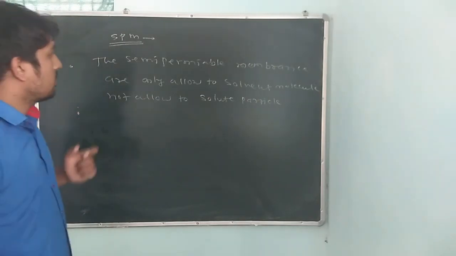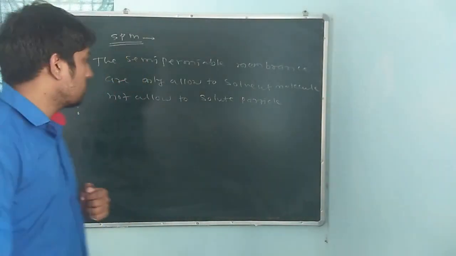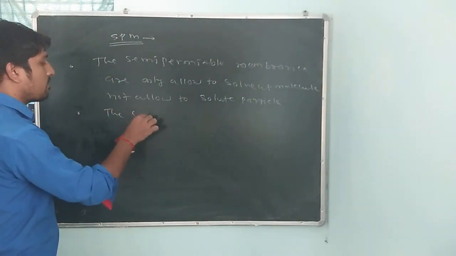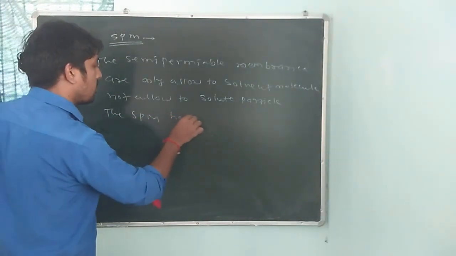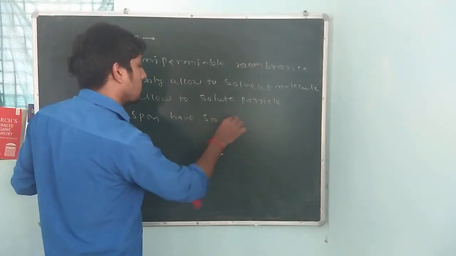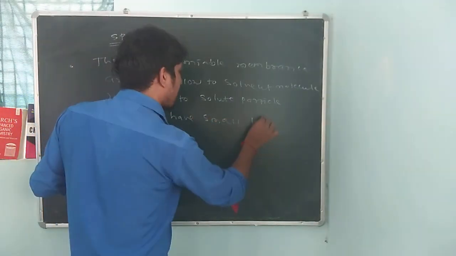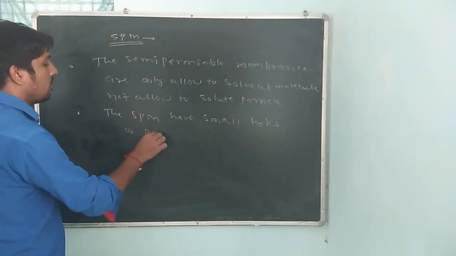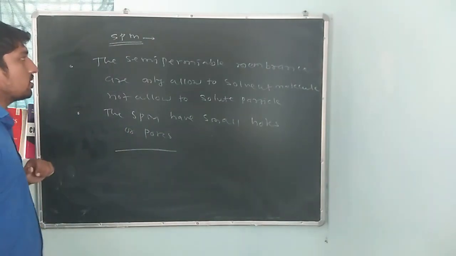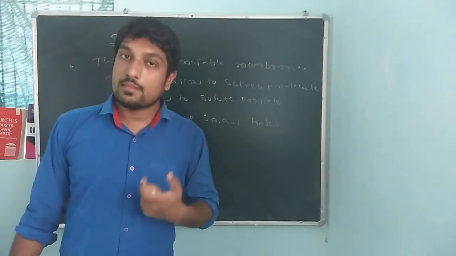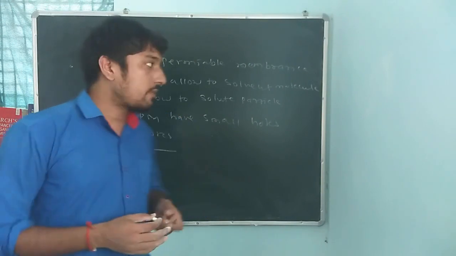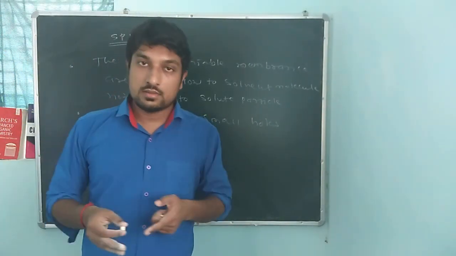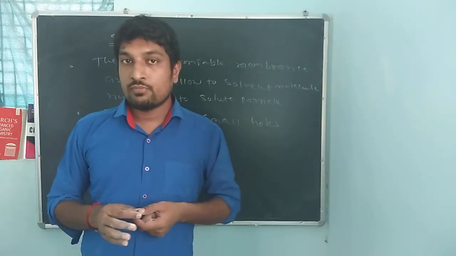This is the semi-permeable membrane. And second, the semi-permeable membranes have small holes or pores. So this is the definition of semi-permeable membranes. They only allow the solvent, not solid particles, because they have very small pores.